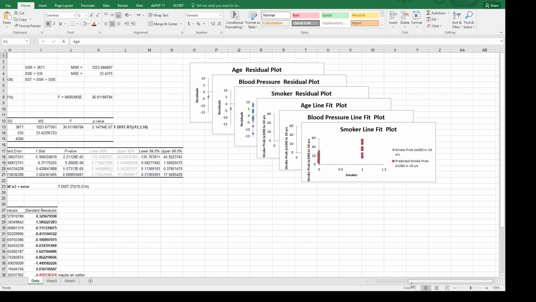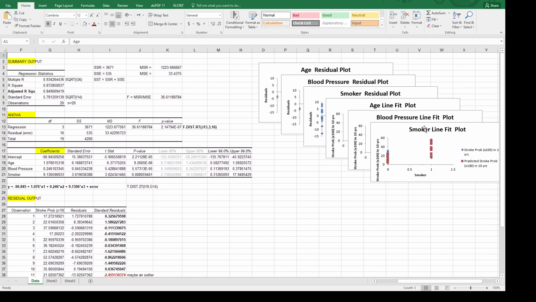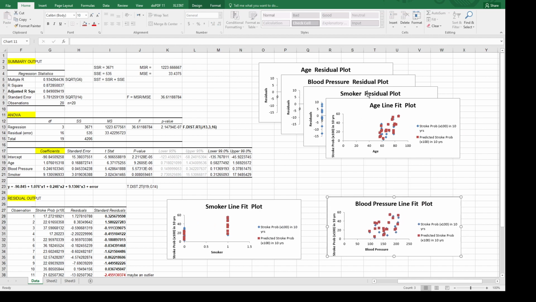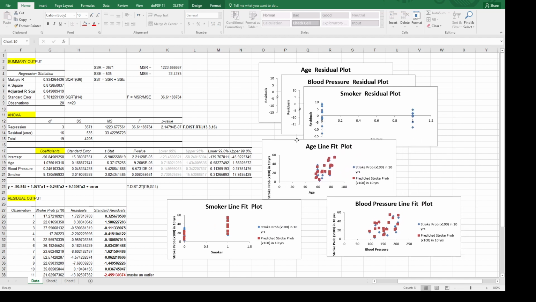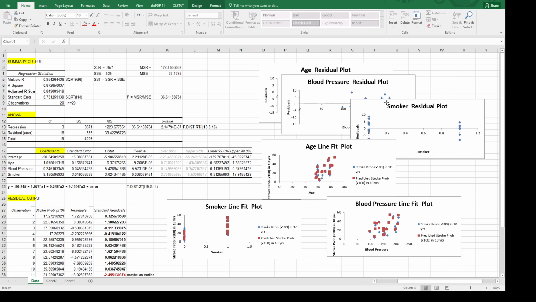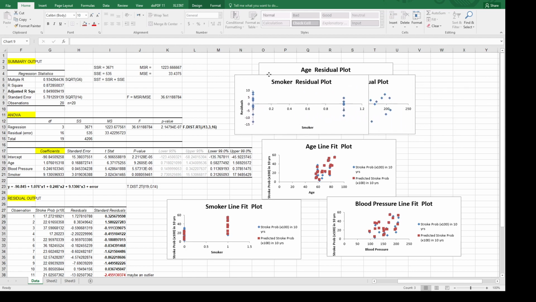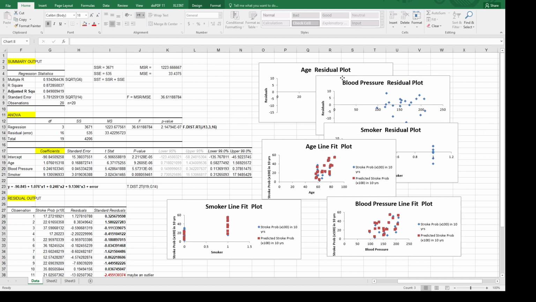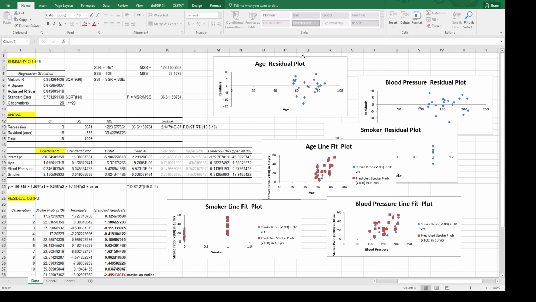Last point about the plots. So about the plots. Okay, so we have, what do we have here? We have the age line fit, we have the blood pressure line fit, we have the smoker line fit, we have residual plot for smoker, residual plot for blood pressure and residual for age.